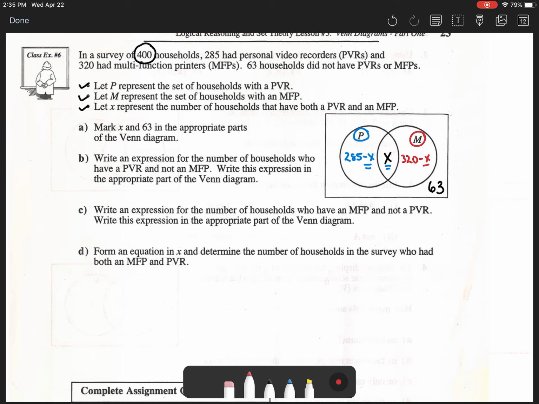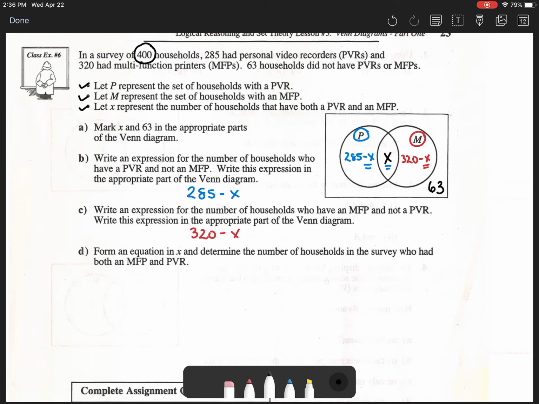When I go to the next circle, which is going to be M, those are the households with MFP, the number that had MFPs were 320, but I subtract the X. I subtract that middle section, and that will tell me the number of households that had just MFPs. So if I go back to the question, they wanted the expressions, so I put them in the diagram already, but it's 285 minus X, and then for the next one, it would be 320 minus X.